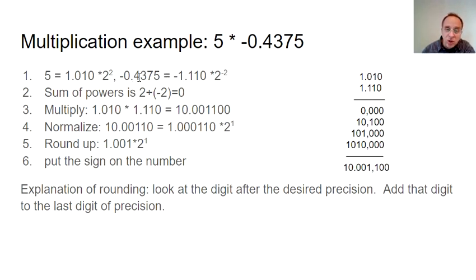But I wrote it over here because I also normalized it. If it's 0.01, that's not normalized. I've got to get a 1 on the left side of the decimal point, or the point. It's not really a decimal point, here it's a binary point. On the left side of the point, I've got to put a 1.